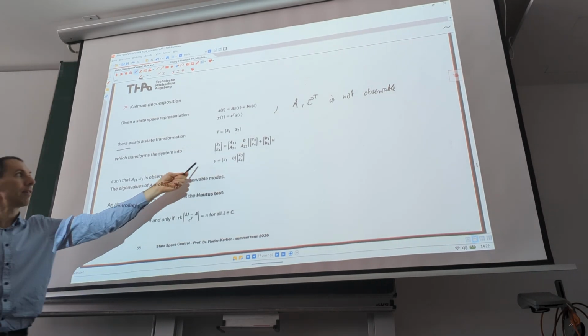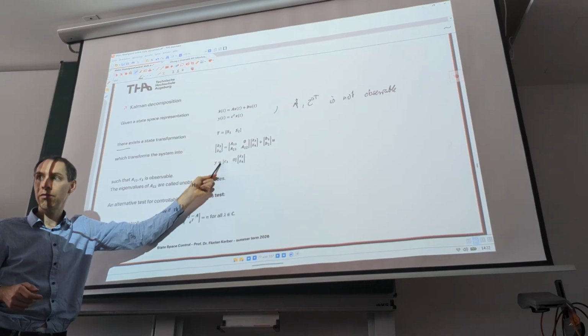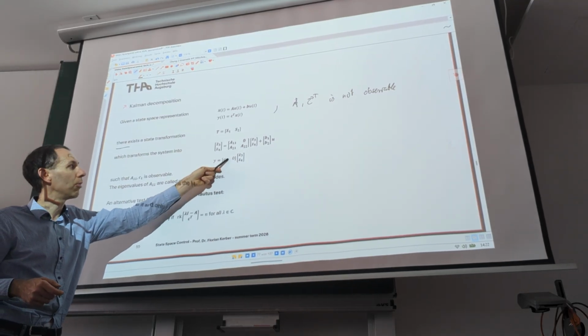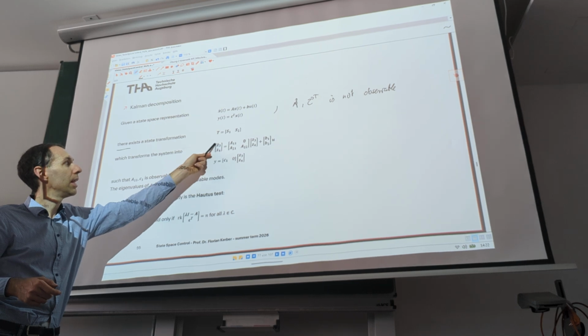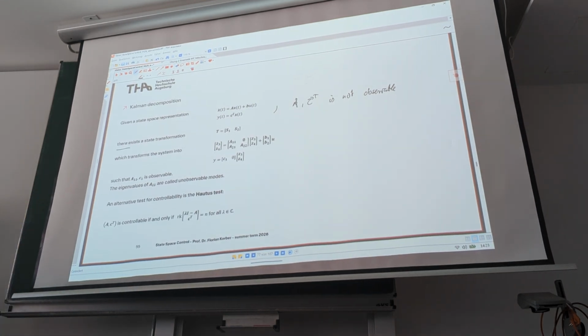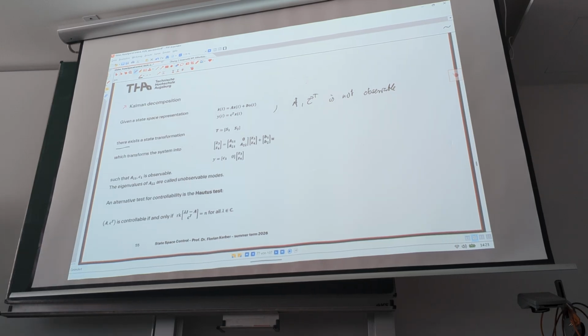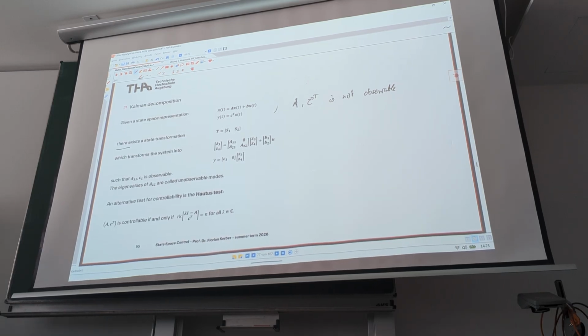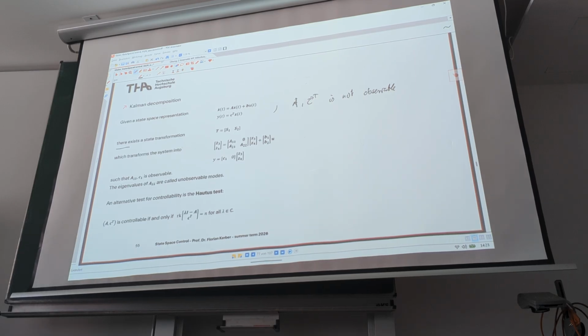Only Z3 can be seen in the output, but Z3 is unaffected by Z4. Therefore, we cannot reconstruct Z4 from the output measurement. So this means it's not observable.